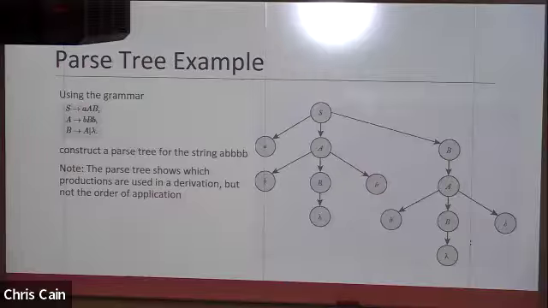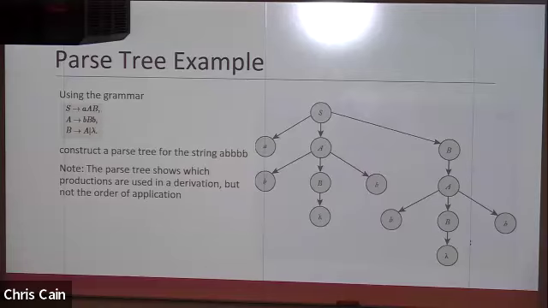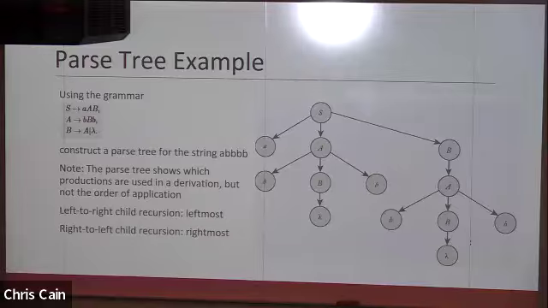We're not even going to worry about that, we see if there's a way to make it without it, which there was. You're not wrong. So if we have left to right child recursion, we have leftmost. If we have right to left child recursion, we have rightmost.